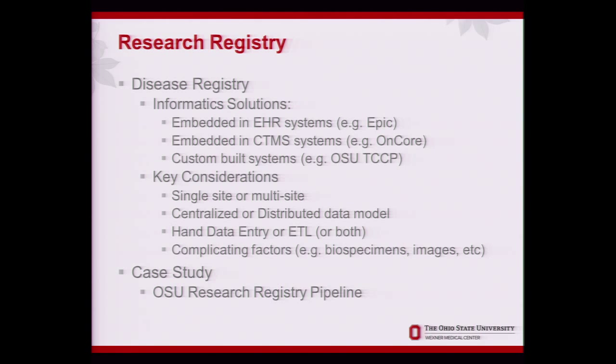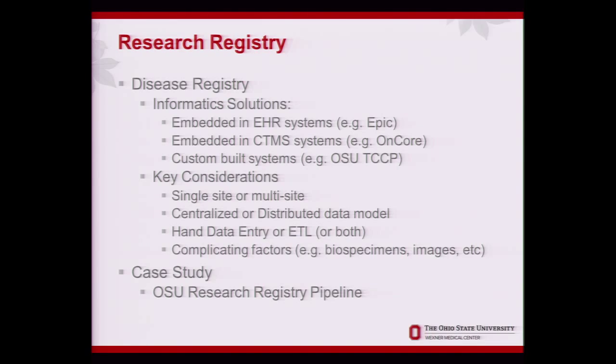Those tend to be more surrounding specific patient populations where you're trying to both treat a disease and do research on it at the same time. We've got registries embedded directly in our CTMS, that's the Encore system. Those in the Cancer Center will have used it a lot more. Encore for the enterprise is going live next month. We've got custom-built systems such as the OSU Total Cancer Care Protocol and some other repositories out there.